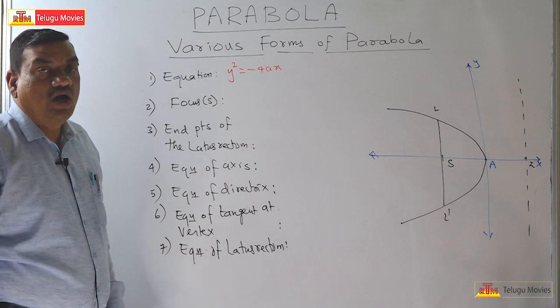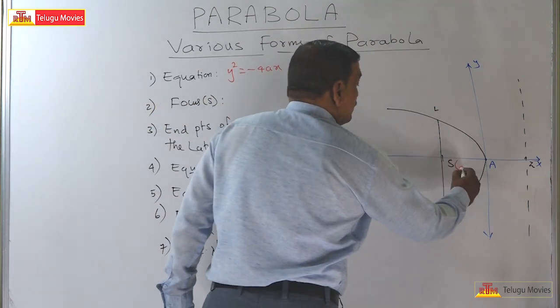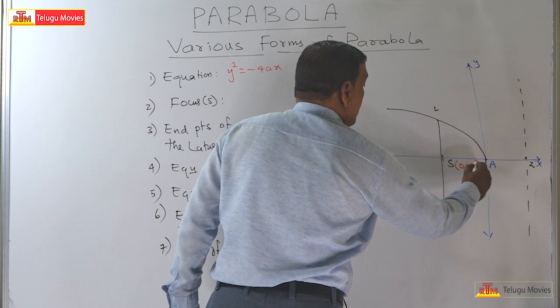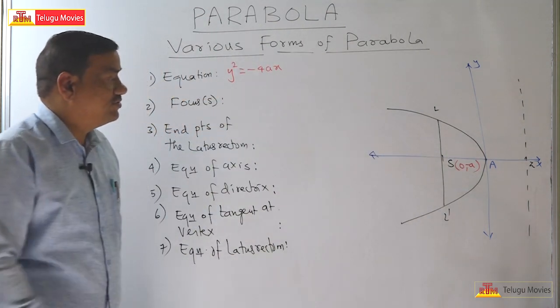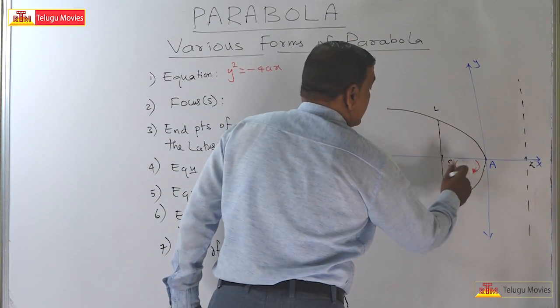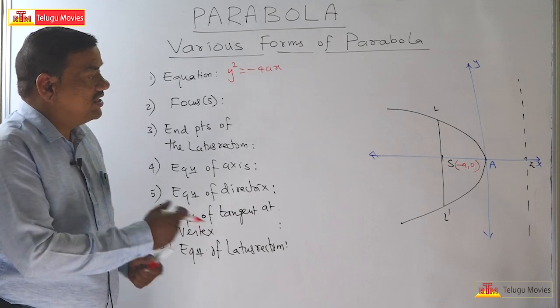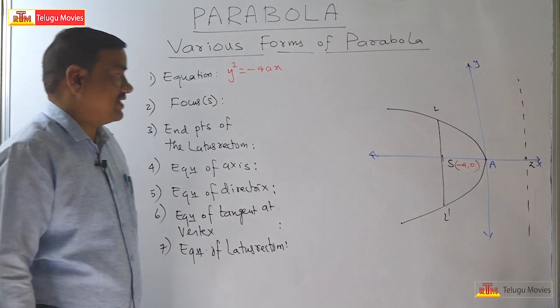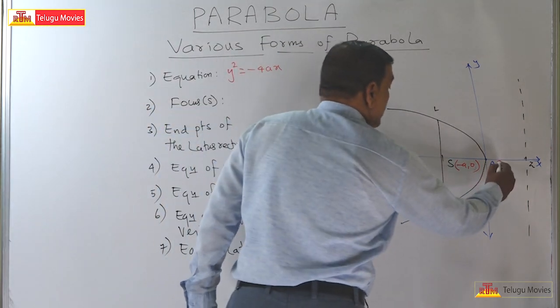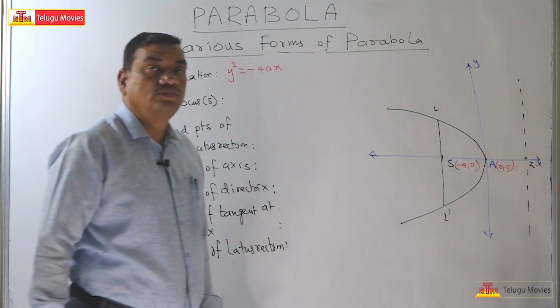First one, what are the coordinates of the focus? The coordinates of S are minus a comma 0, because it lies on the negative x-axis. The coordinates of the vertex are obviously 0 comma 0.